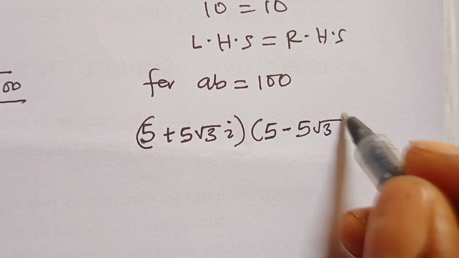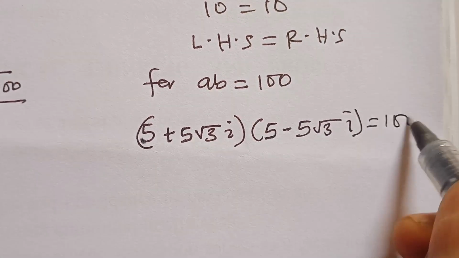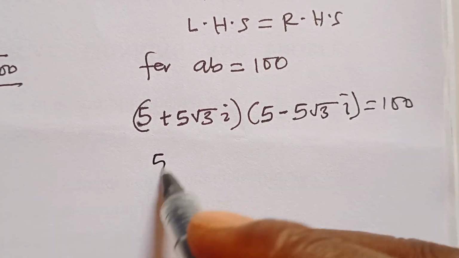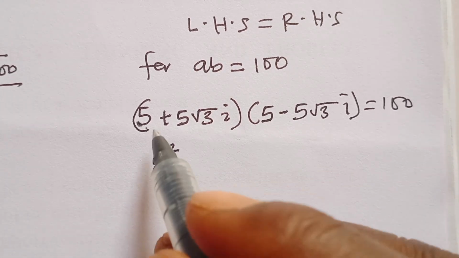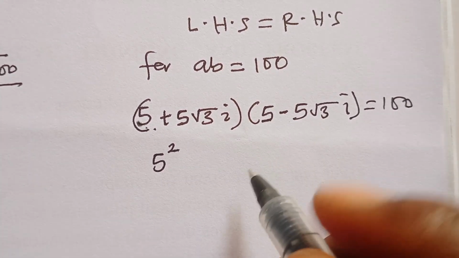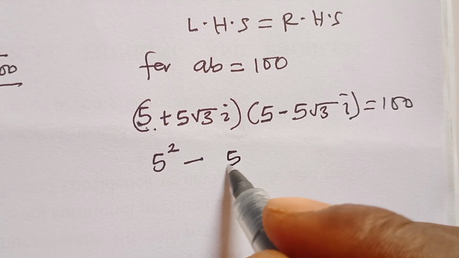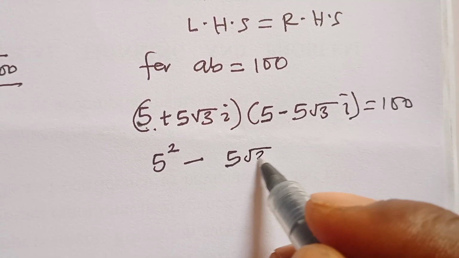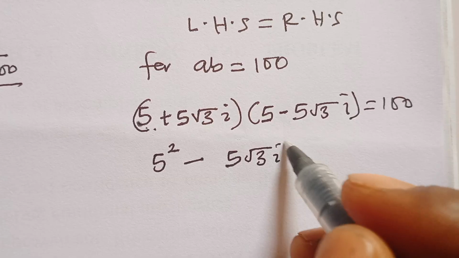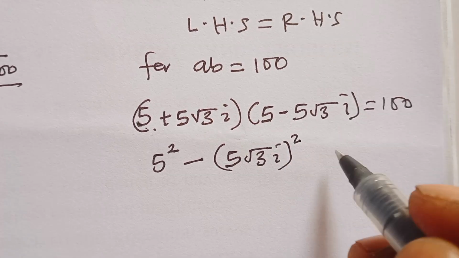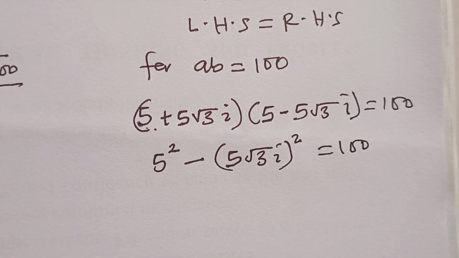Now let's expand this and see if we get 100 as the answer. That is, if left hand side equals right hand side. So with this, when you open this bracket, you have 5 square minus 5 square root of 3i, everything square. So now we want to get to 100.